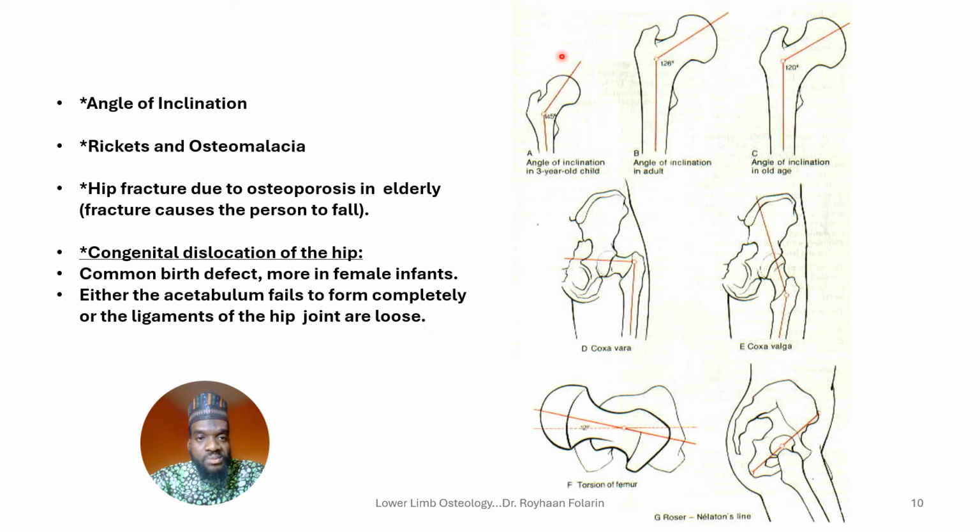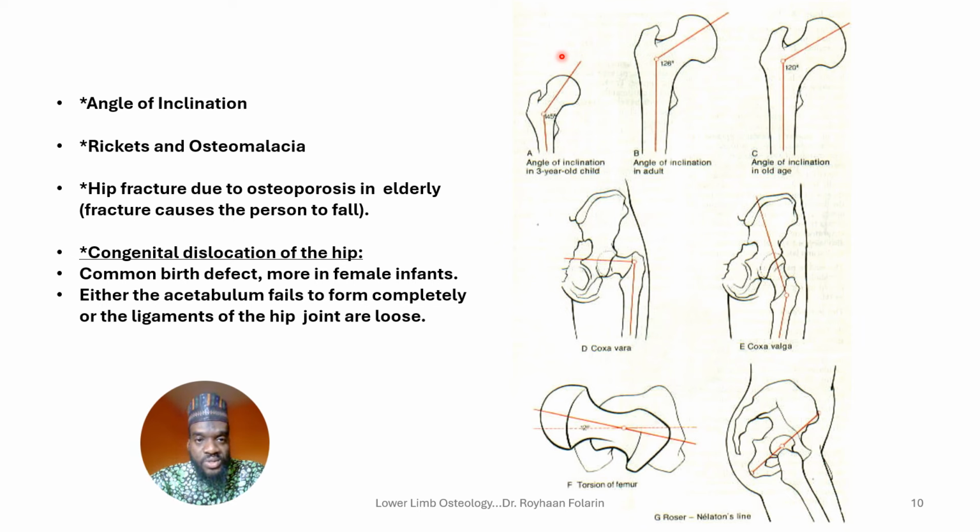Either way, it occurs due to incomplete formation of the acetabulum or lax hip joint ligaments. And early treatment involves providing splints or a harness of straps to hold the femur in its proper position in order to promote normal joint development.